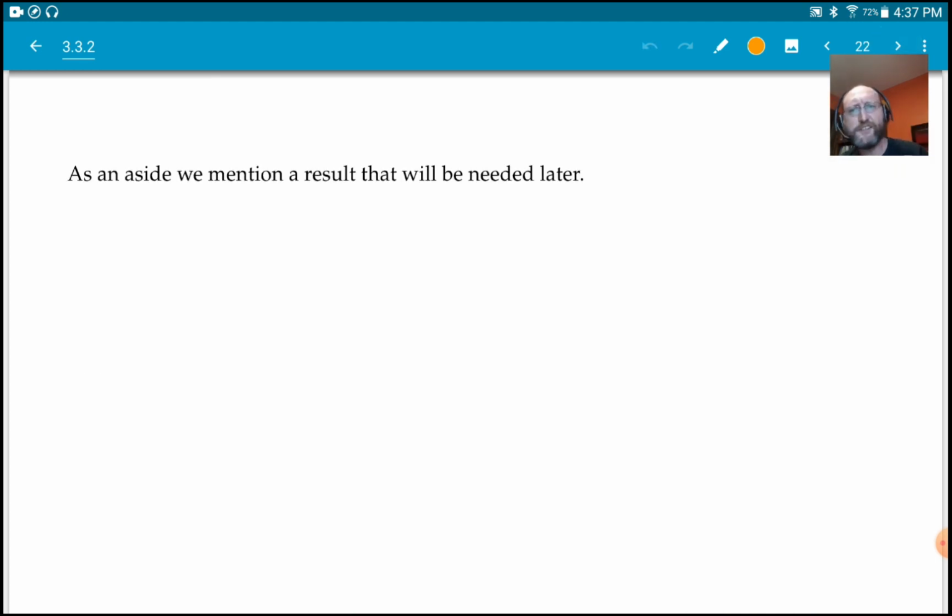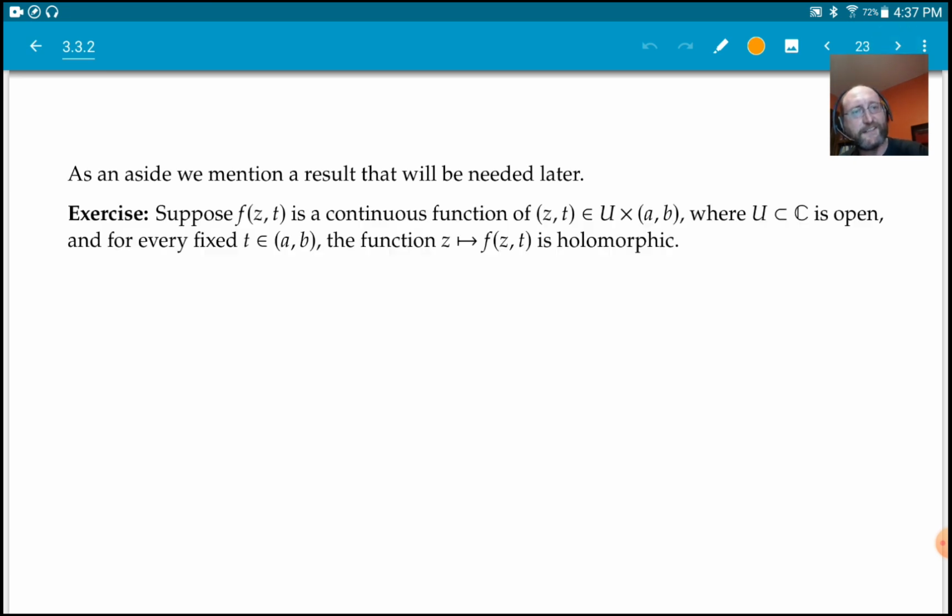Now let's mention a result that will be useful later, which is just an exercise to prove, but it's a bit subtle.